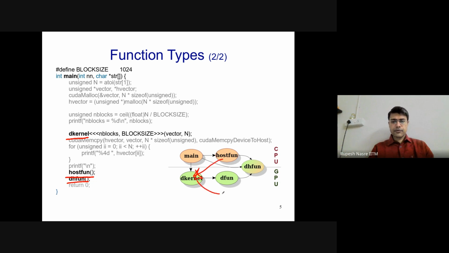It's possible to have this arrow as well, as we discussed. What else? Main to dfun. Okay, that is not possible, because dfun is not callable from the host. Only a kernel is callable from the host, and dfun is only a device function. So that is not callable from main. Okay. Any other?